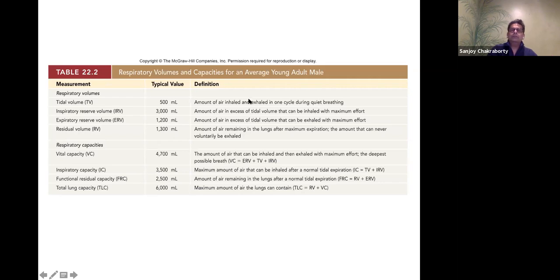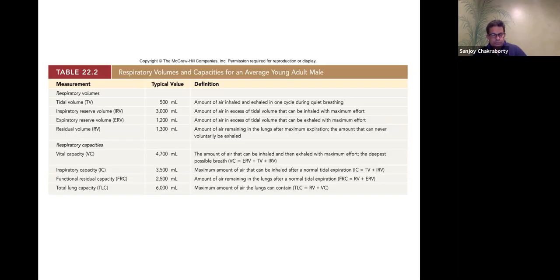So I would refer to the word or, meaning whatever you take in is the same amount you breathe out. Let's say you took in 500 ml. Now, out of that 500 ml, 30%, which is 150 ml, stays in your conducting zone structures. To refresh your memory, remember your whole respiratory tract goes from the nose or mouth to the pharynx, to the larynx, to the trachea, to the bronchi, and then the terminal bronchioles, respiratory bronchioles, alveolar ducts, and alveoli.